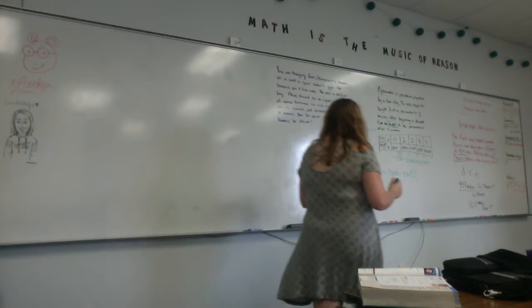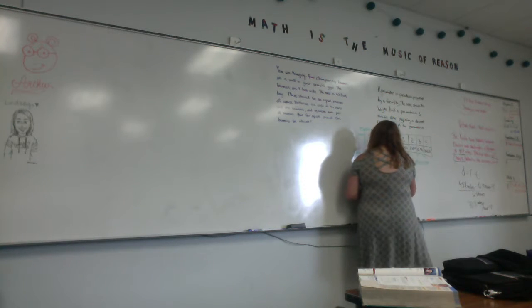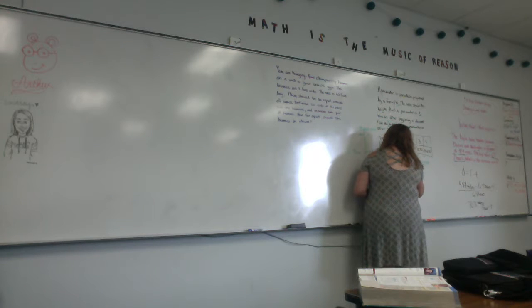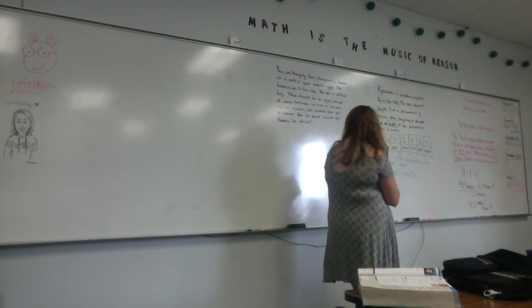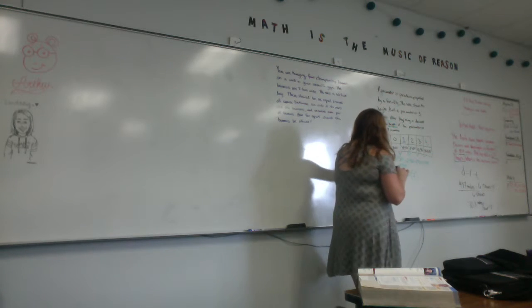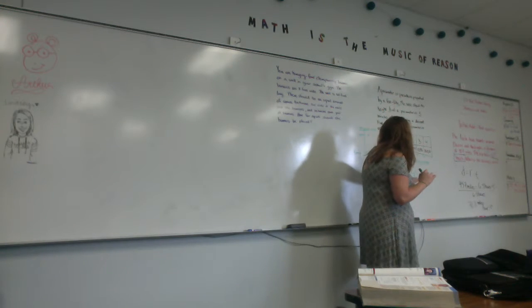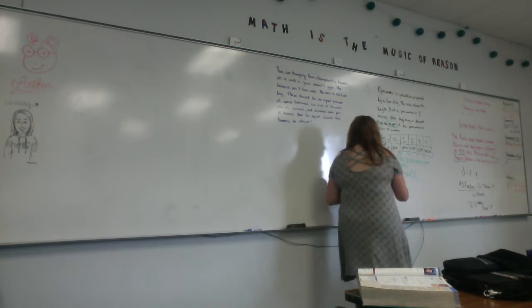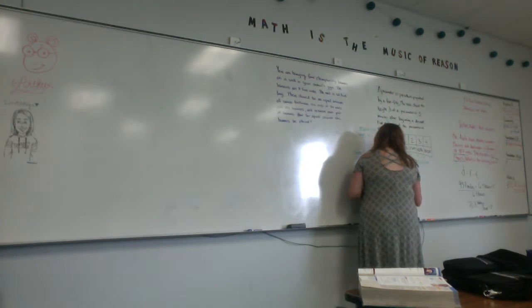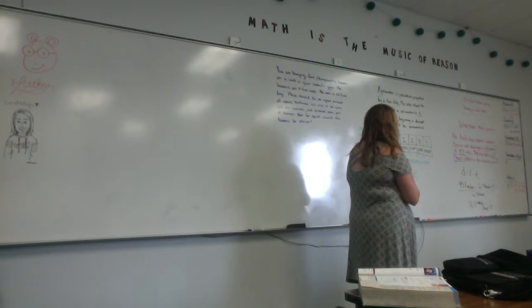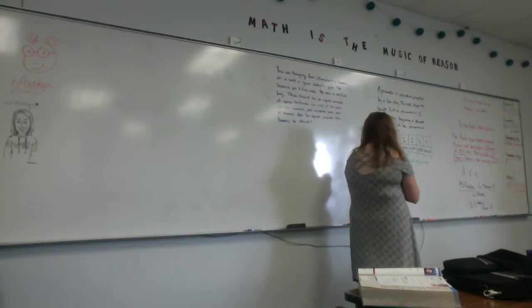So my actual equation, if I had it in symbols, would look like this before you do anything else. Okay? So this is what it looks like in symbols. Then I plug in 7 minutes for t. 7 times 250 is what? 1750.